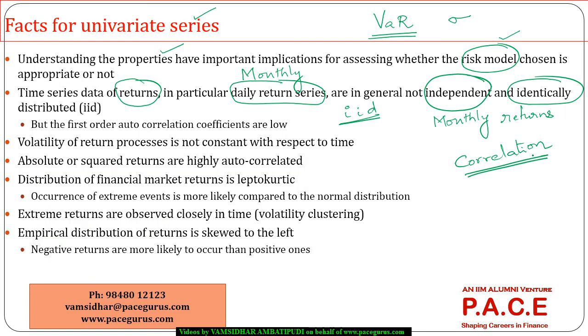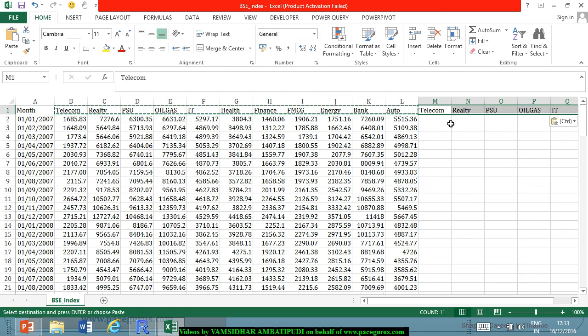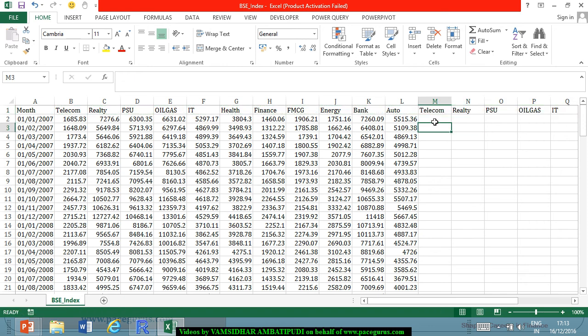First let me do the same in Excel. If I want to look at the returns for each of these sectors, a simple way I'm looking at here is I'm taking the discrete return.